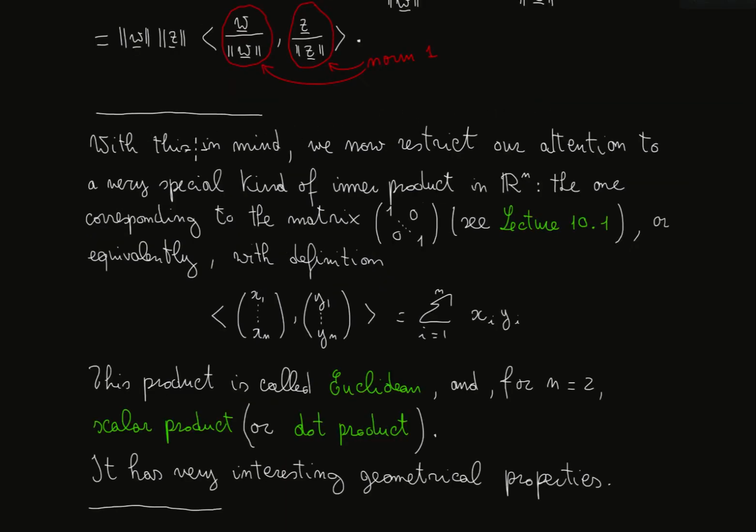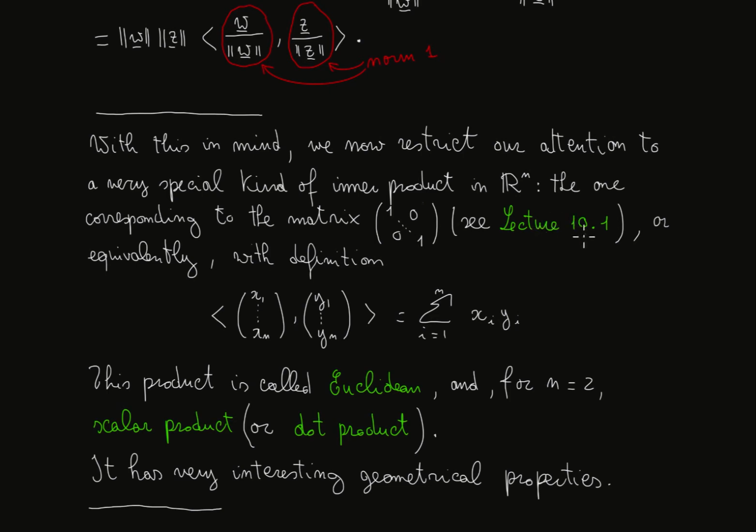With this in mind, we now restrict our attention to a very special kind of inner product in Rn. I anticipated its name in the previous lecture, but let me define it in a more explicit way right now. The inner product we will be considering is the one corresponding to the identity matrix.